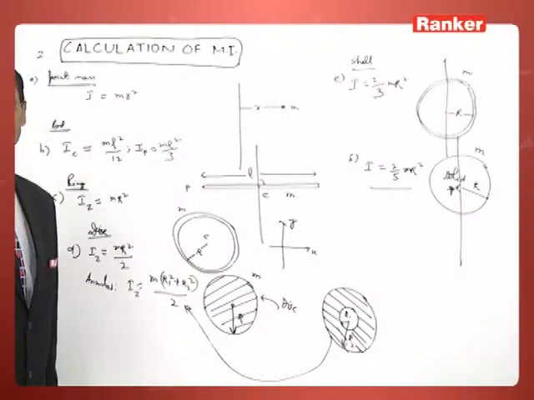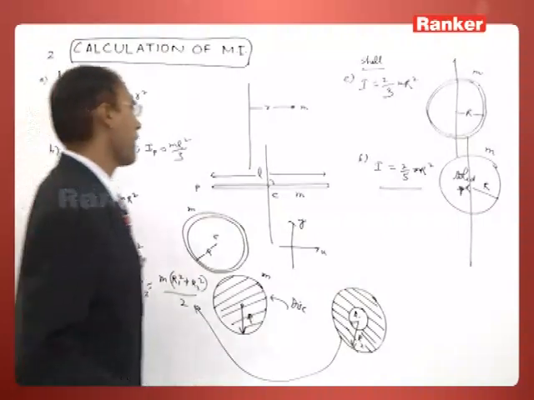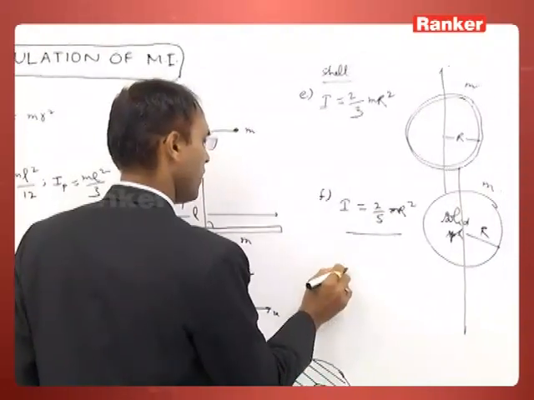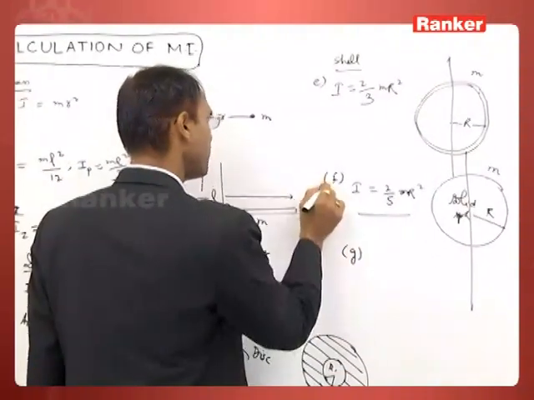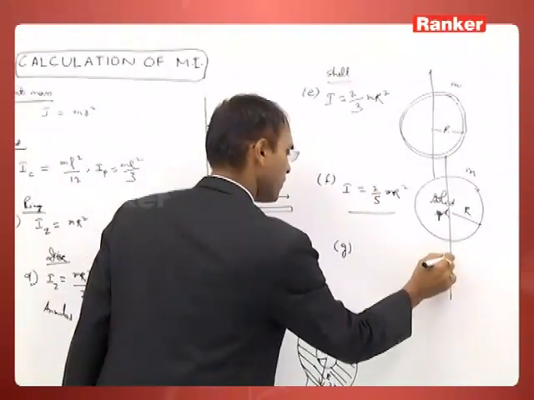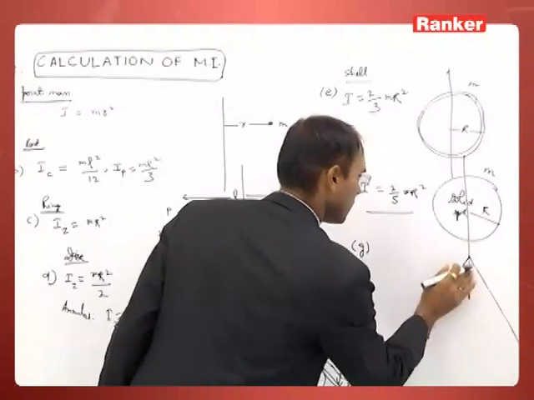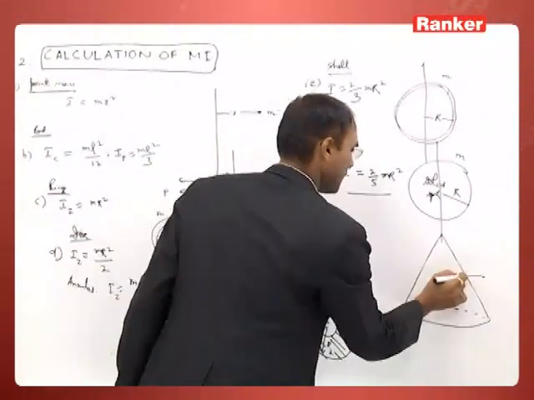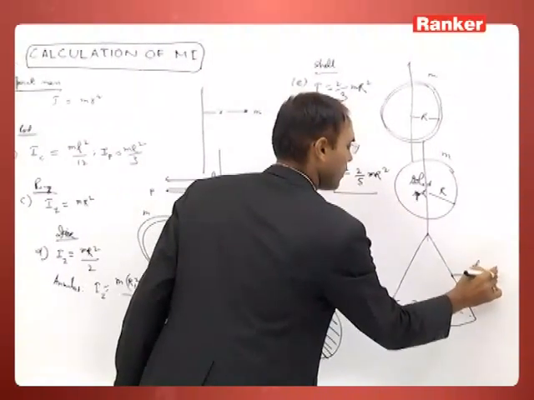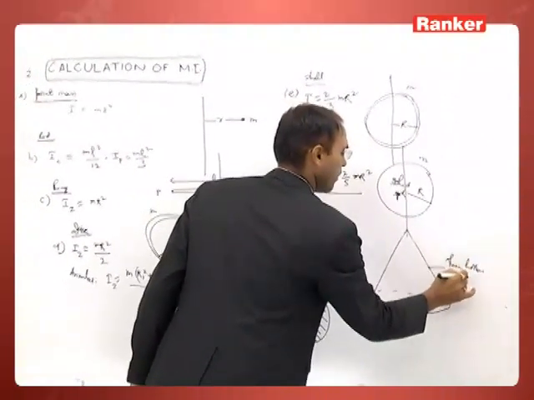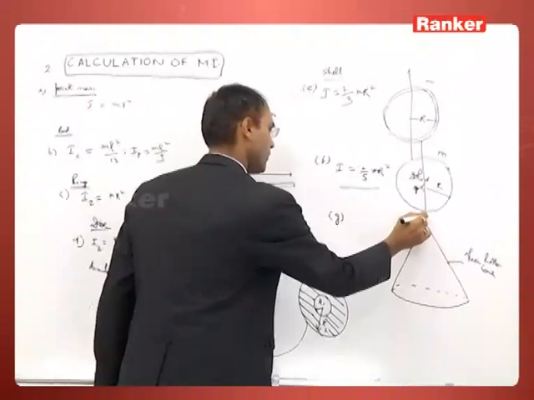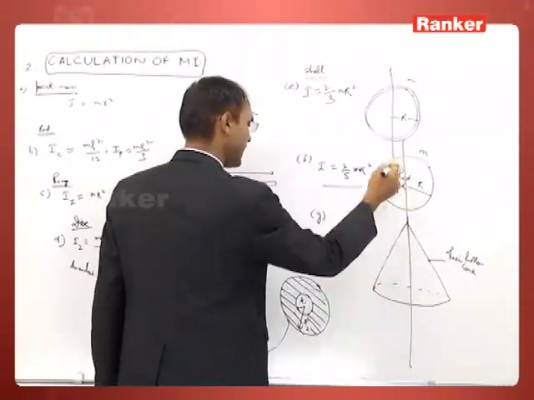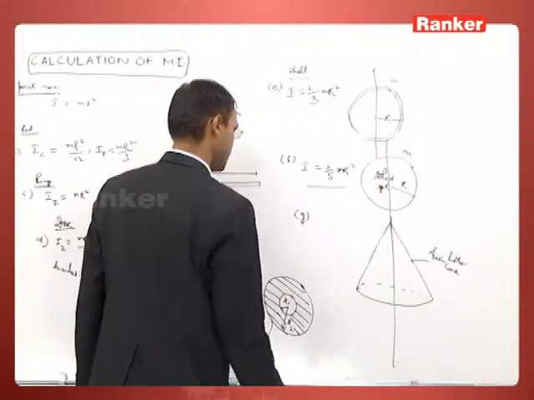After this, you can also try to derive the expression for the moment of inertia of a thin hollow cone about this y axis passing through its vertex.